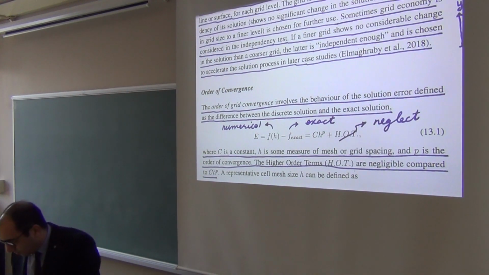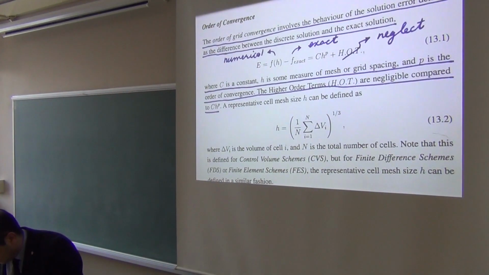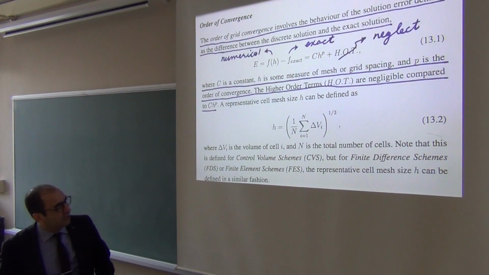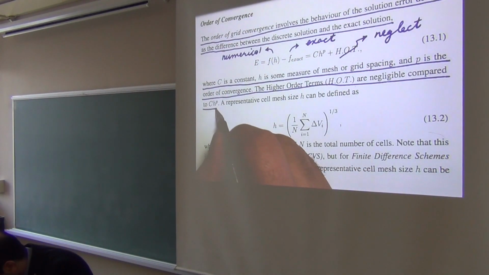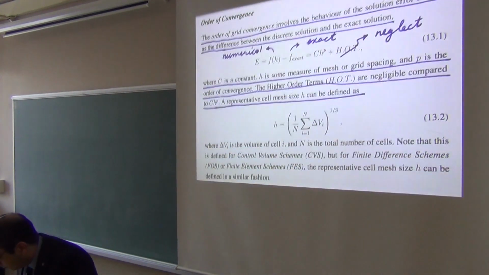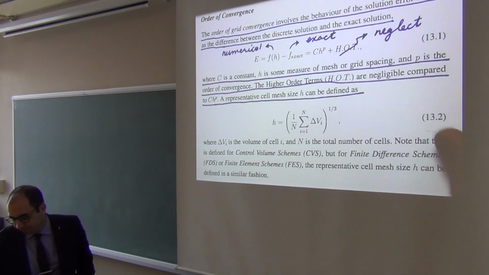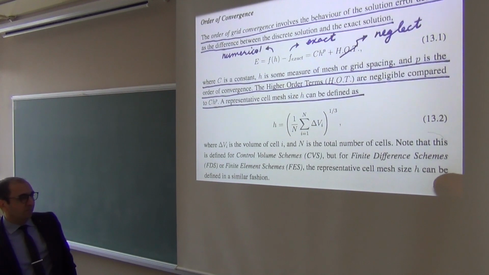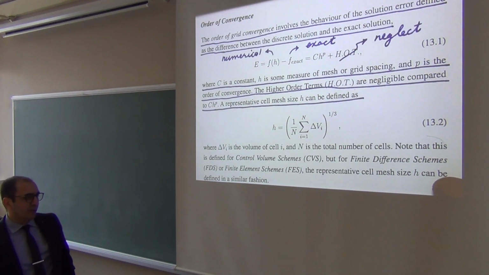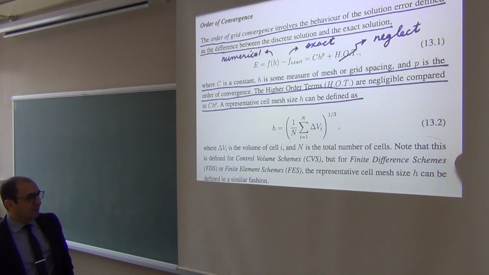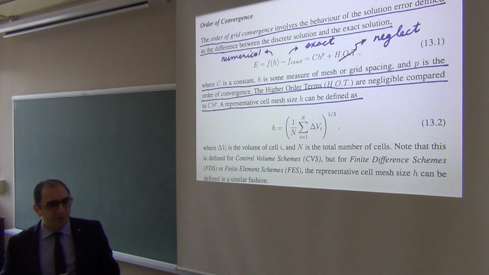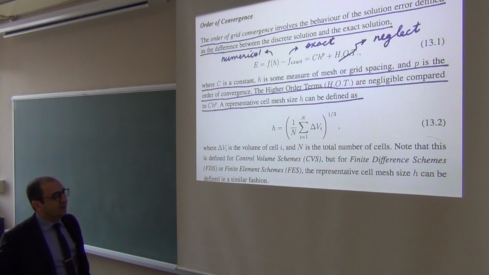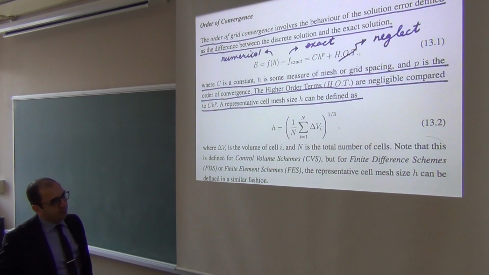Well, the second problem is easy to deal with. You can actually calculate a representative mesh size. In a way, you can calculate an average discretization. Suppose you have a control volume system, so you have a lot of blocks, like 2,000 blocks in your mesh, and these blocks have different volumes.